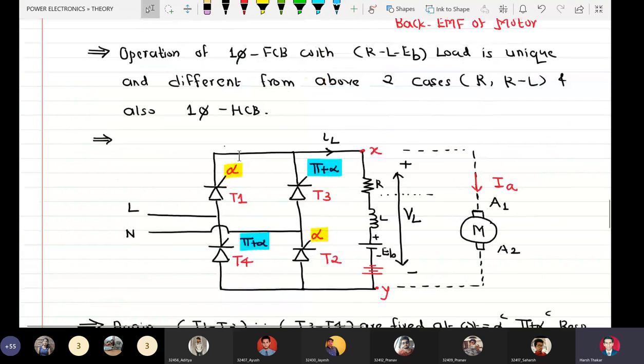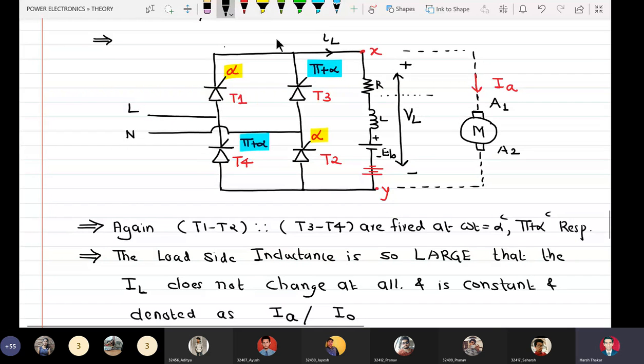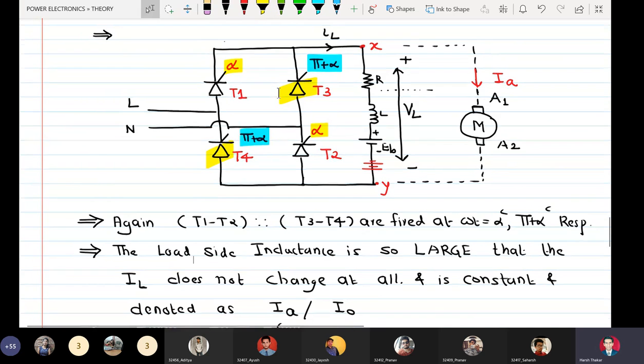Okay, so T3 T4 have started conducting at pi plus alpha. At 2 pi the positive half cycle starts. So from the source side T3 T4 have a reverse bias, but again the load will reverse its polarity and apply a very high negative voltage L di by dt. So it will keep T3 and T4 forward biased even beyond 2 pi.